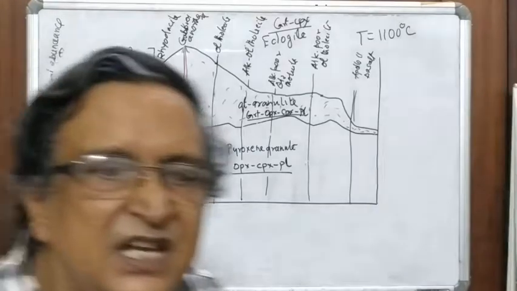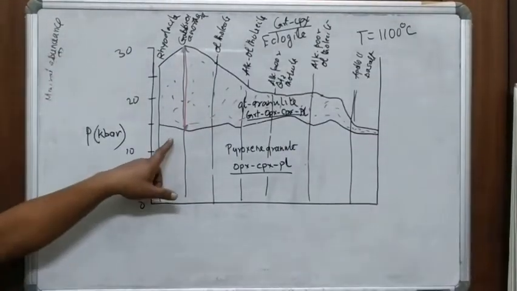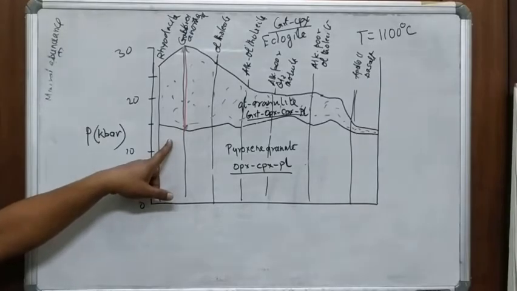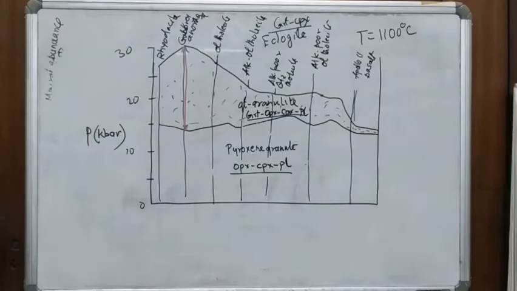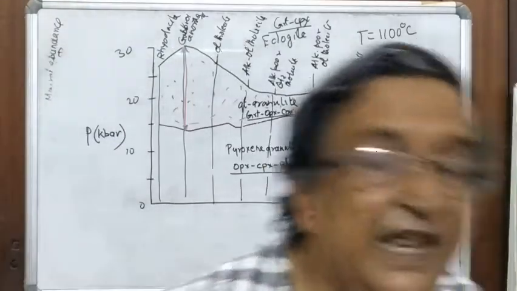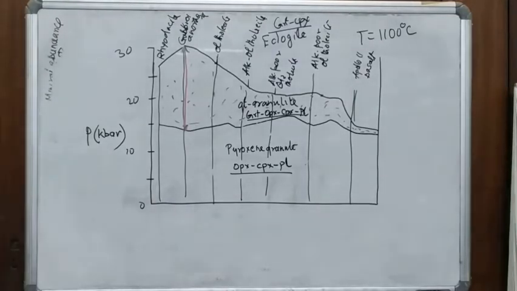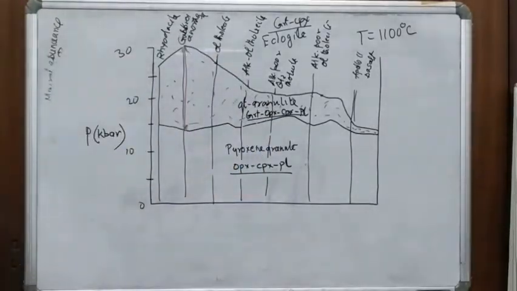That means 20 kilobars. 20 kilobars means the transition of gabbro or pyroxene granulites to eclogites would require more than 65 kilometer depth. An impossibility for a Moho, because Moho is an absolute razor sharp boundary.